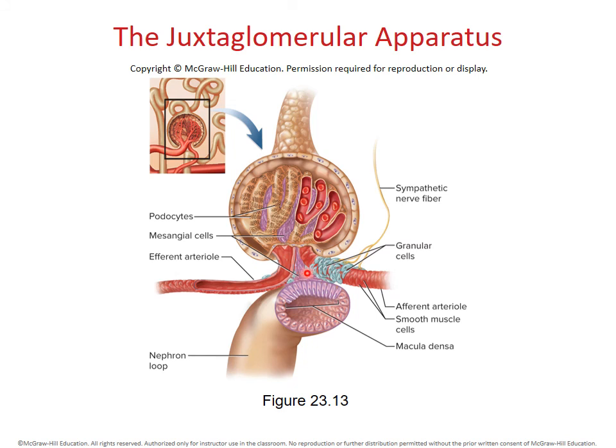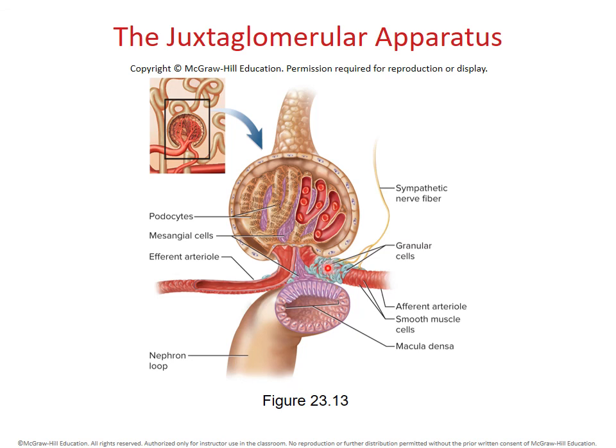That adenosine is released onto these granular cells, which are specialized smooth muscle cells that are found on the outside of the afferent arteriole. There are also a few on the efferent arteriole, but too few to be significant.